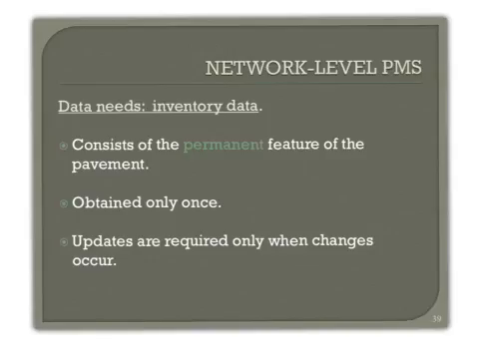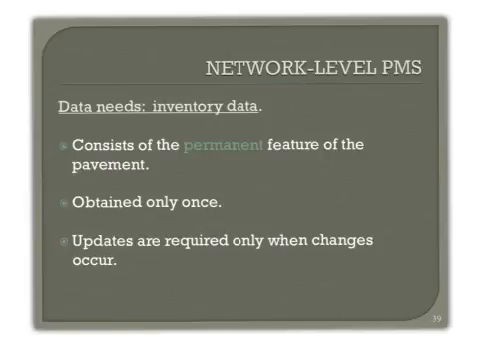So when it comes to managing the network level PMS, we really need to look at what we call data needs. What are the data that we need to collect to run the pavement management system? The very first thing is we need to collect inventory data. Inventory data really consists of the permanent features of the pavement.